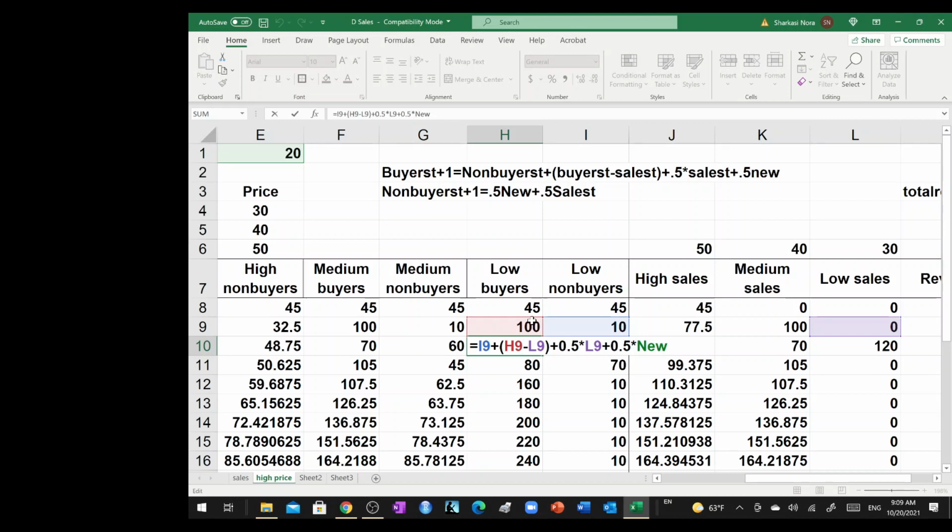If the discount as I put at that period did not yield a surplus for this kind of segment, they will not buy. So this 100, even though they are labeled as buyers, they actually didn't buy. So we need to find out, we need to put them in the next period. They are still there in the next period.